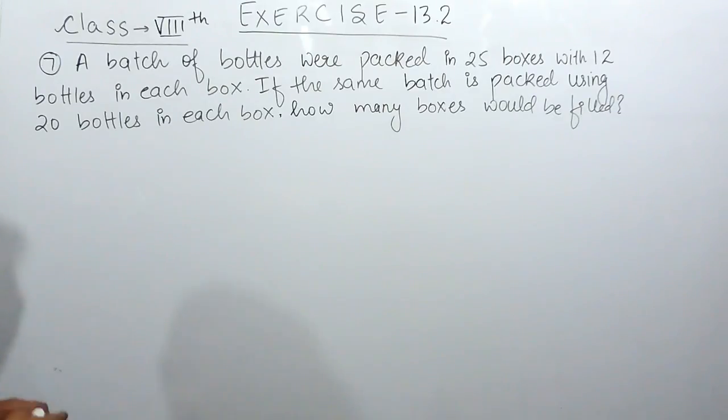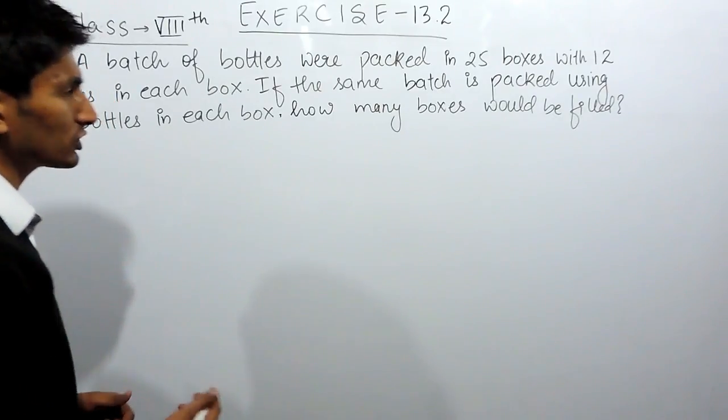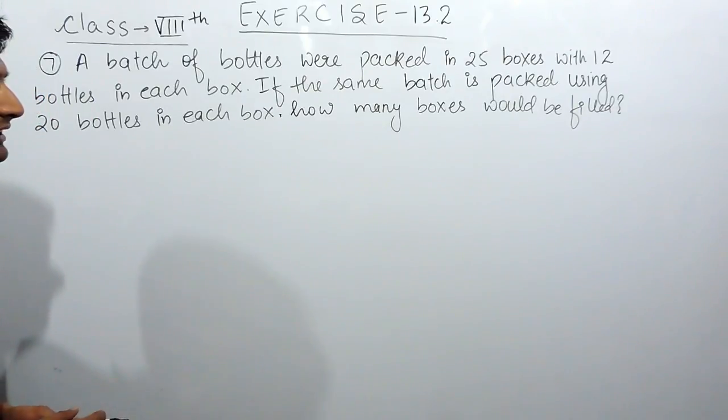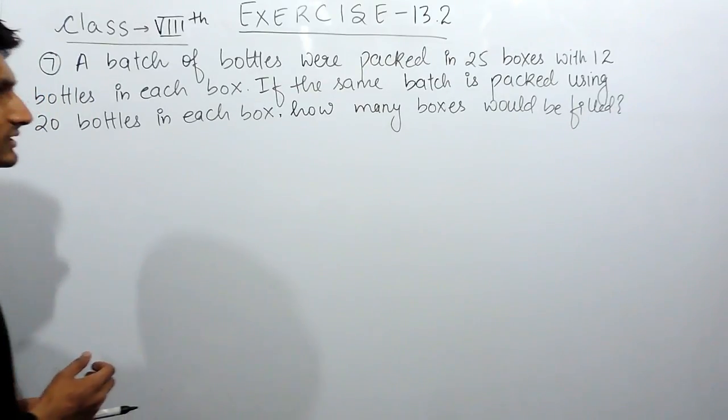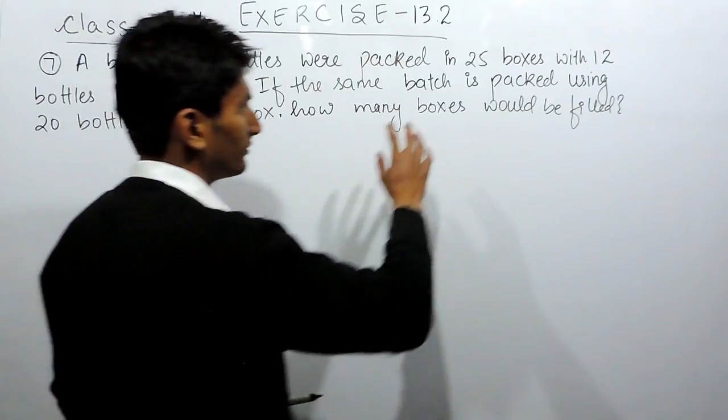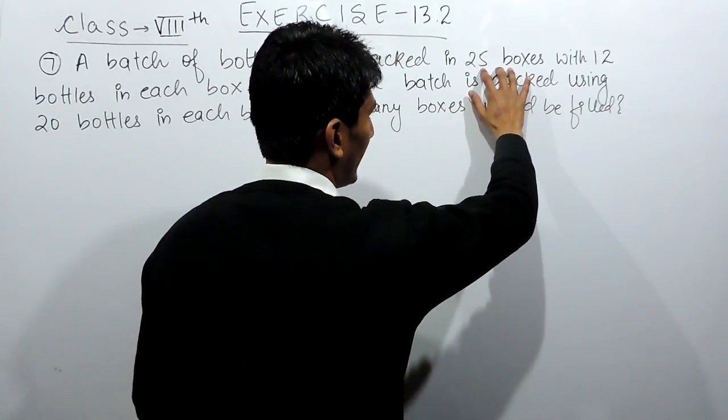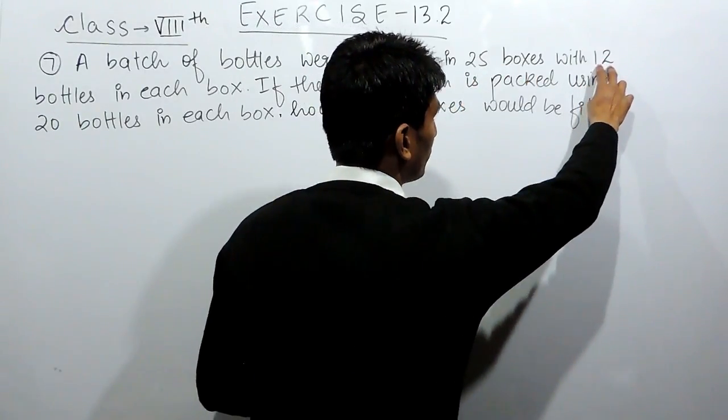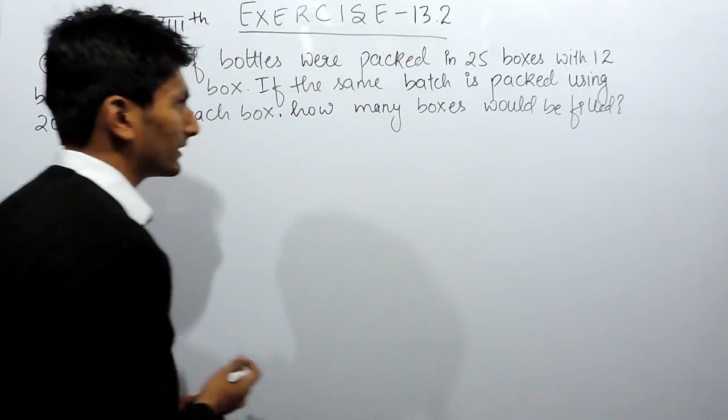So to solve these kinds of questions, first of all we must know the number of parameters. The two things this question is talking about: the first is the number of boxes and the second is the bottles per box that is packed.